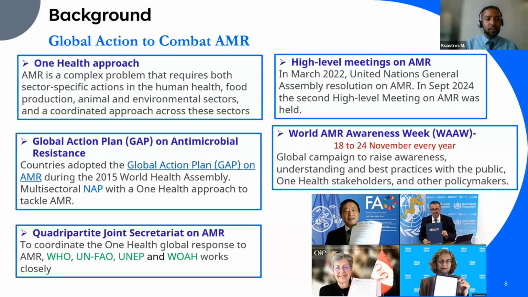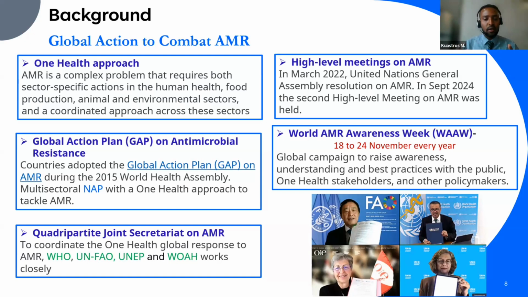So this is one of the actions that is taken, and countries are really encouraged after 2015, when the World Health Assembly was conducted, which discusses high-level health related issues. At the 2015 World Health Assembly, AMR was discussed at high level, and this discussion brought up the Global Action Plan so that countries will adapt their national action plan, that we call NAP.